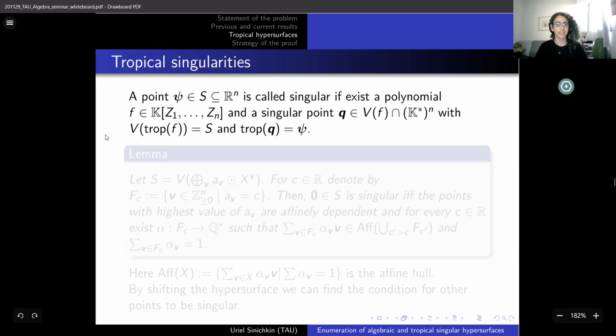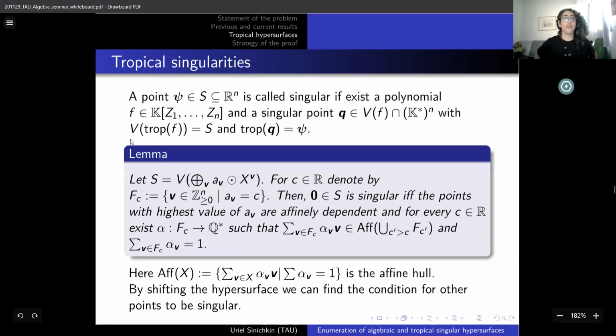It's just by Kapranov's theorem. So I defined it to be what I want, but it's not a very useful definition because I don't have any way to check if a tropical point is singular or not. Luckily, I do have a combinatorial criterion for singularity, and this is much of the strength of this approach for this problem.